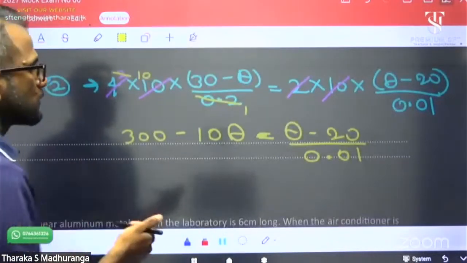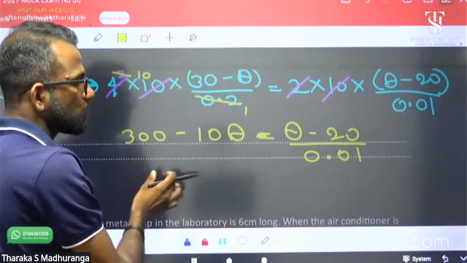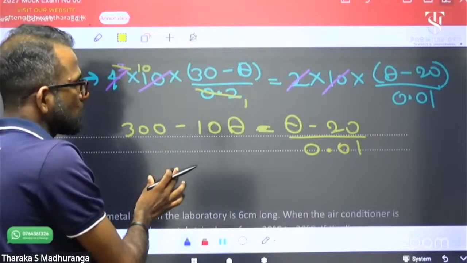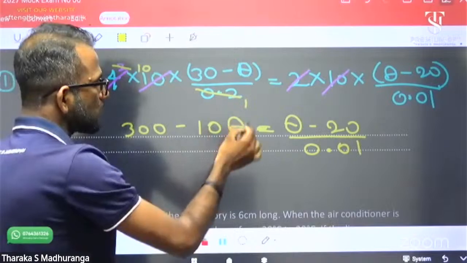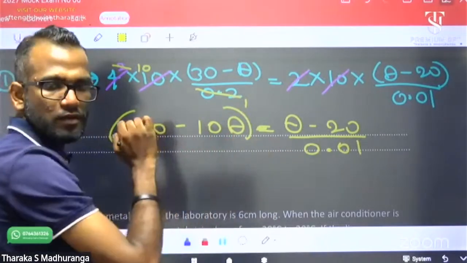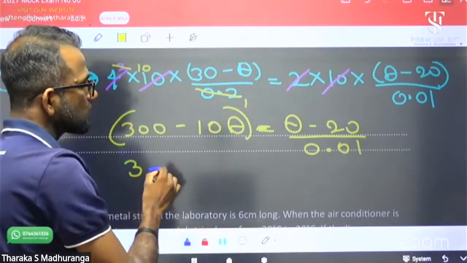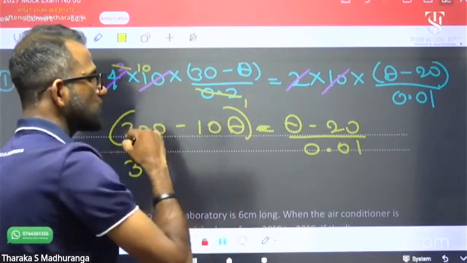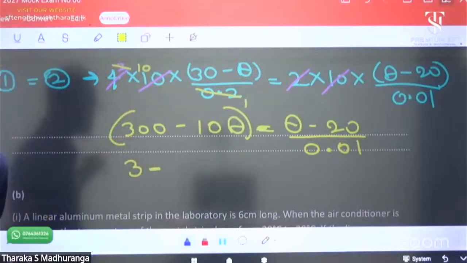Now cross multiplication, 0.01 into 30. What's the value? It's 3, no? Now cross multiplication, this part cross multiply by this one, 3, no? 3 minus 0.01 into 10 theta. Get it? 0.1 theta.